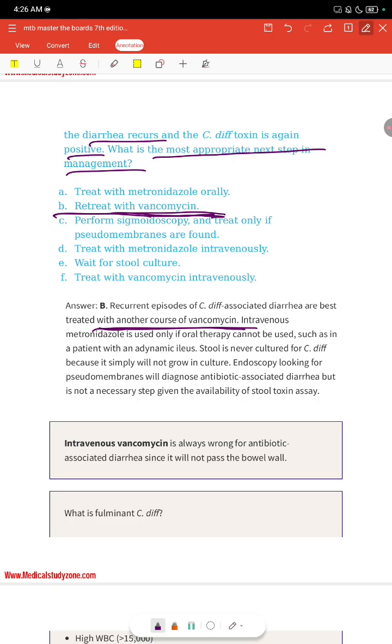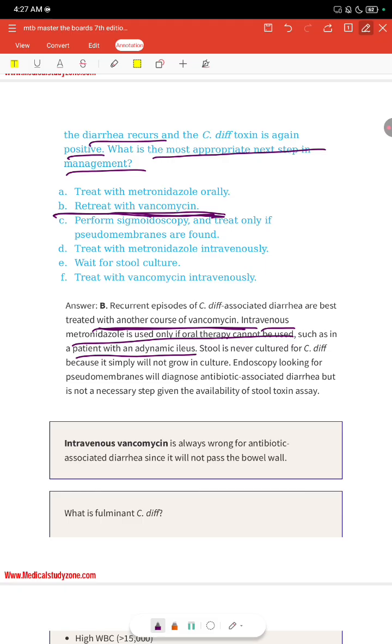Intravenous metronidazole is used only if oral therapy cannot be used, such as in patients with an adynamic ileus. So in patients with adynamic ileus, you can't give oral therapy, so then you can go for the intravenous metronidazole.